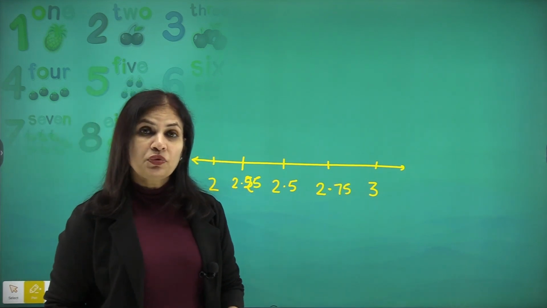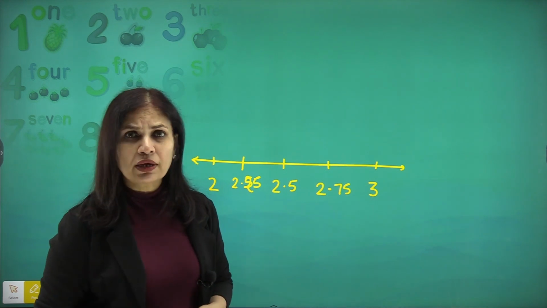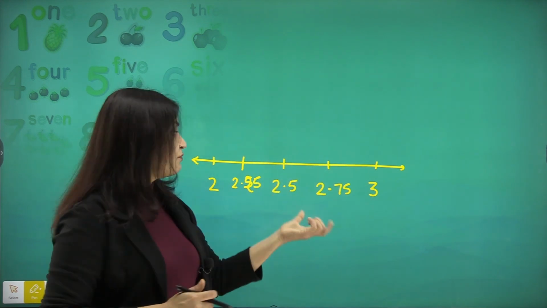But if I ask you how to represent, suppose, 2.61, 2.62 or 2.665, obviously it will be between 2.5 and 3.